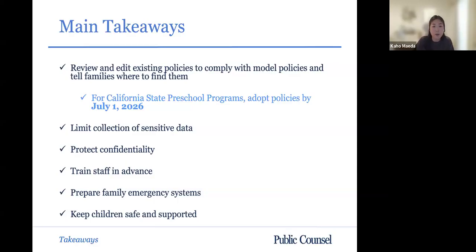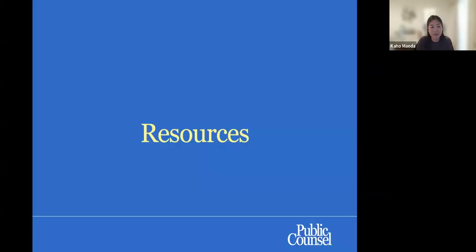And then helping families prepare family emergency systems and plans so that you are informed about what they would like you to do, and also you can support them in the creation of those plans as well. And of course, the goal is always to keep children safe and supported. We can flip to the next slide.